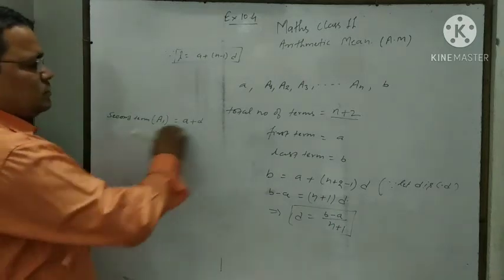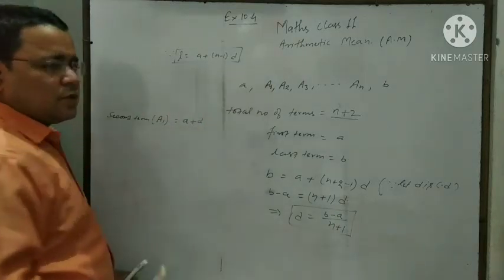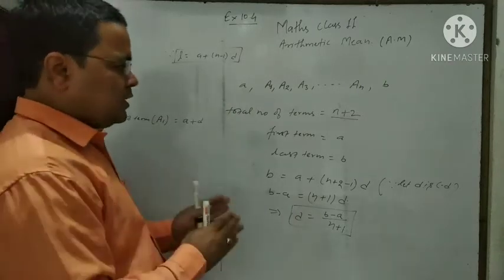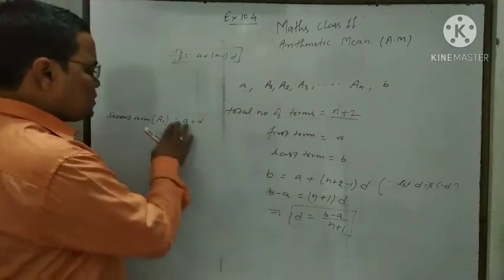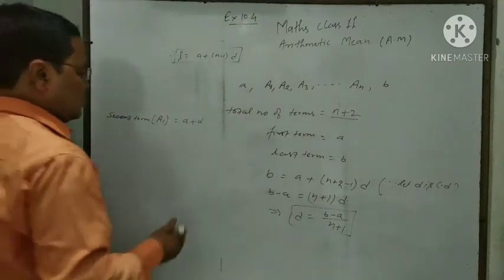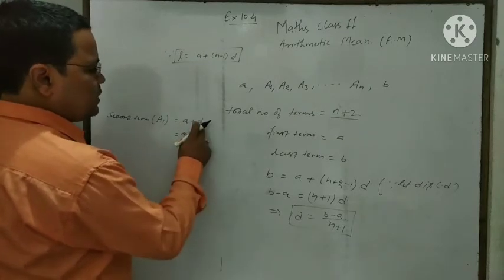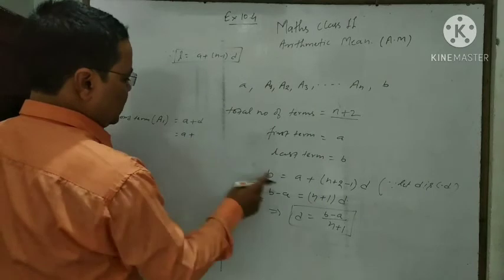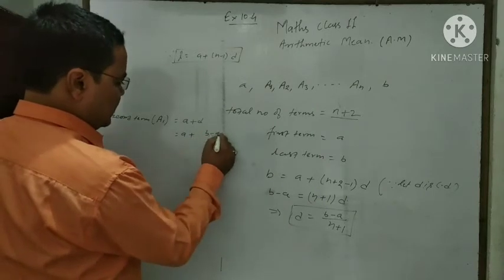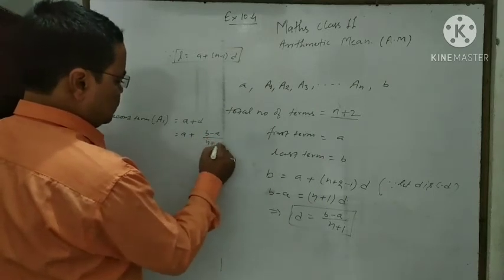Here the first term is a, and the second term, how do we get it? By adding the common difference. So the first term and the common difference, if we add, we get a plus d, and what is the value of d? That is b minus a upon n plus 1.